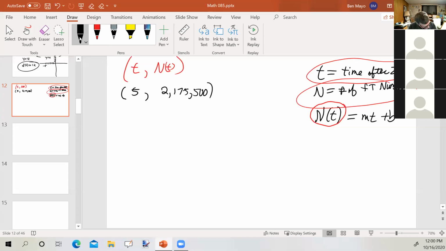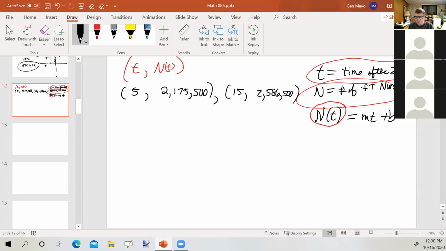By the year 2015, what time is it now? 15. The number of nurses is expected to increase to about 2,586,500. So there are two ordered pairs. Anybody have issues as to where we came up with them?